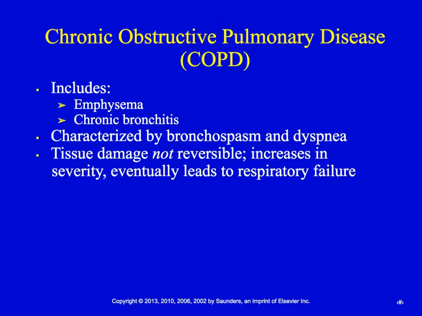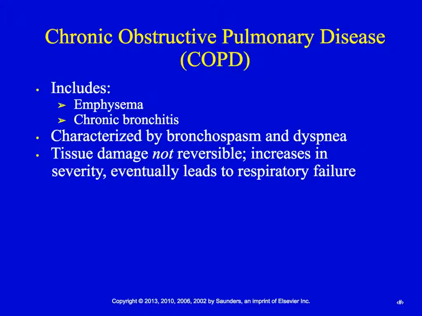This is pretty much just a review of the things that Heather talked about. Emphysema and chronic bronchitis are both under the umbrella term of chronic obstructive pulmonary disease. Chronic bronchitis is that chronic inflammation within the bronchioles. And then your emphysema is more the disease that affects the alveoli, and it causes air trapping in the lungs.